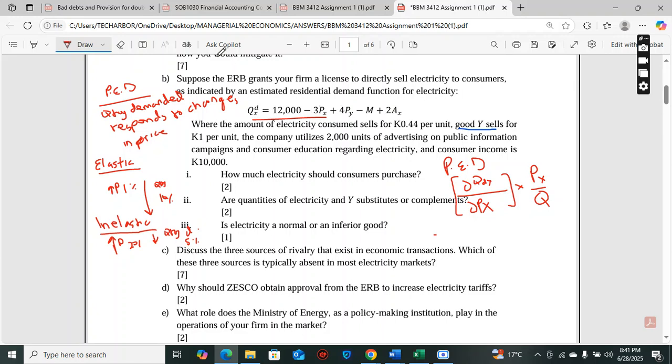Let's even derive it. 12,000 doesn't have a px, it goes. 4py, that's not a px, it goes. M, there's no px with it, it goes. 2ax, there's no px with it, it goes. So now we just have to derive the negative 3px.